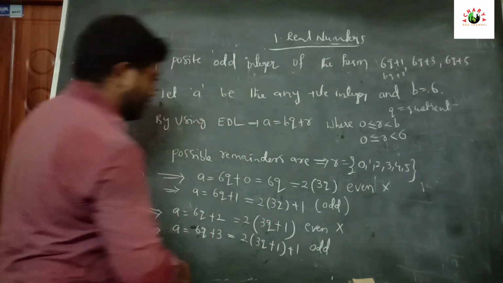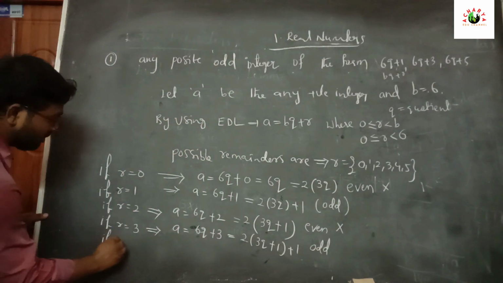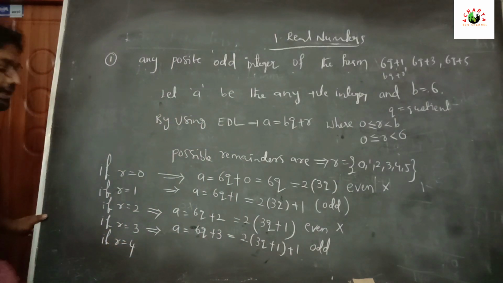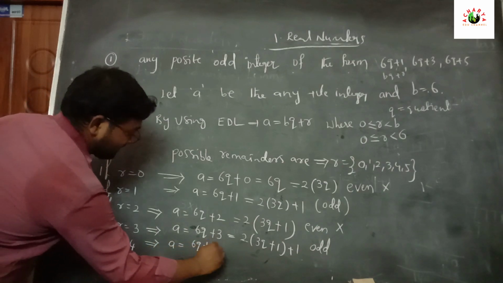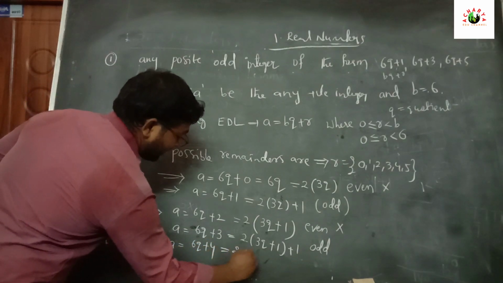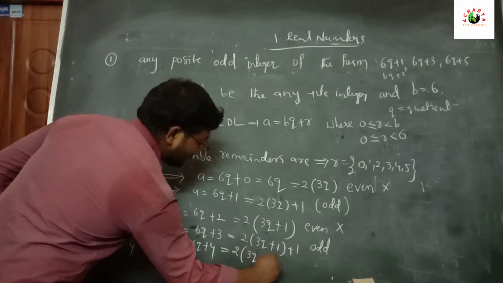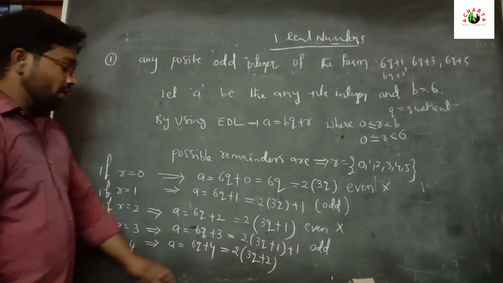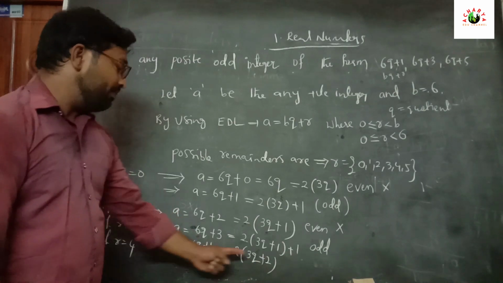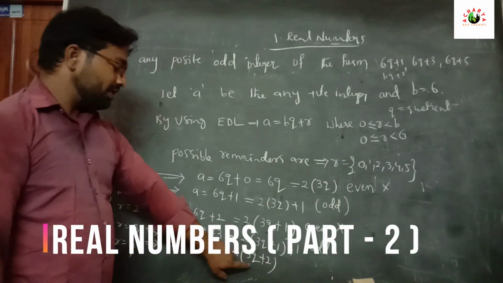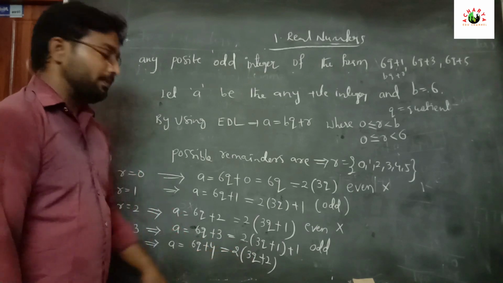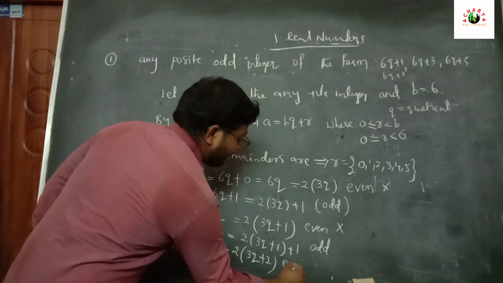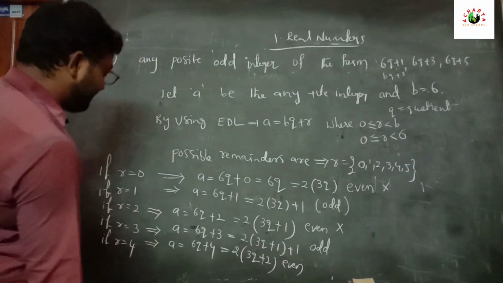This is odd. And one more, if r is equal to 4, that implies a is equal to 6q plus 4, that is equal to 2 into 3q plus 2. 2 into 3q is 6q, and 2 twos are 4. So this is an even number because it is a multiple of 2.